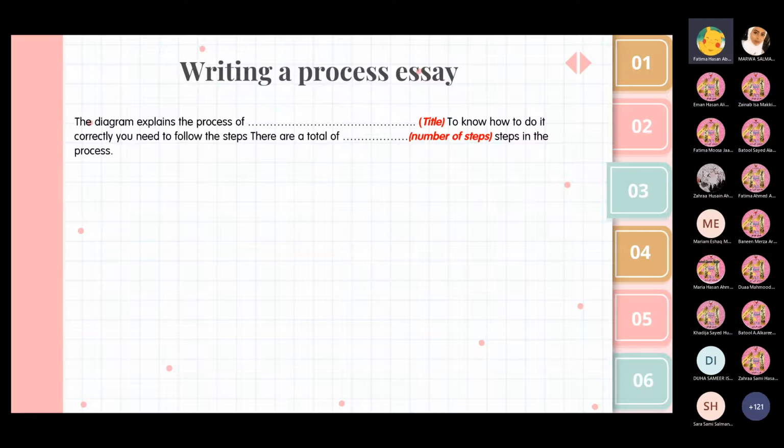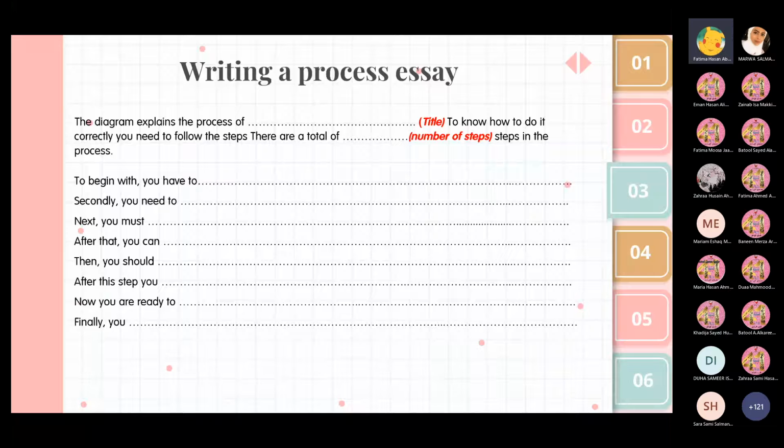To begin with the process, you should write the title of the essay. After that, you should write the total steps of the process.